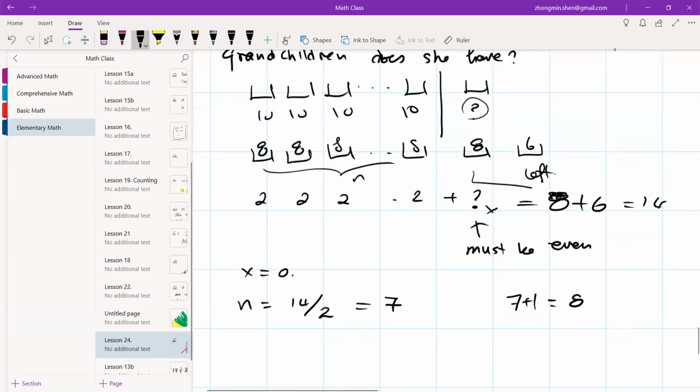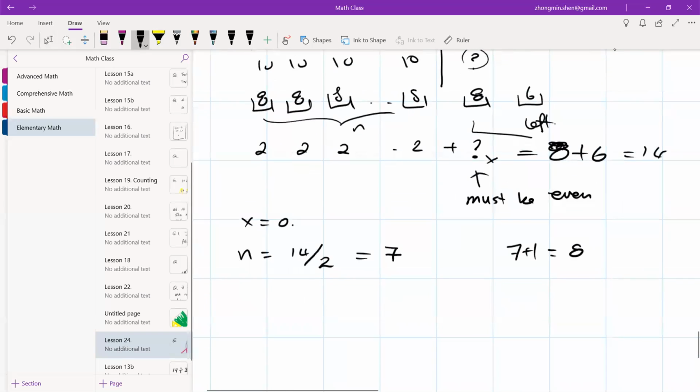Why is it 1? Because I only counted the first ones, except for the last grandchild, okay? Then x is going to be 2, and that'll be 14 minus 2 is 12, divided by 2 is going to be 6. So 6 plus 1 is going to be 7, okay?